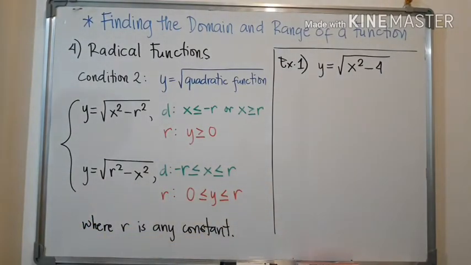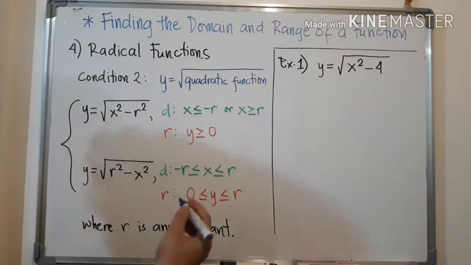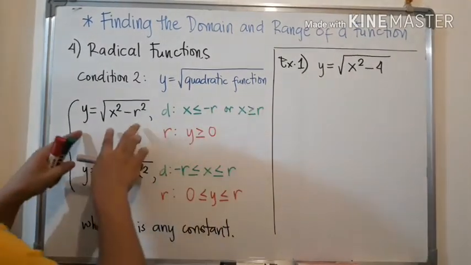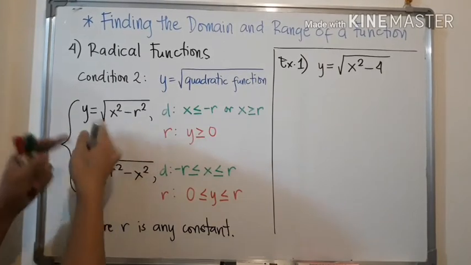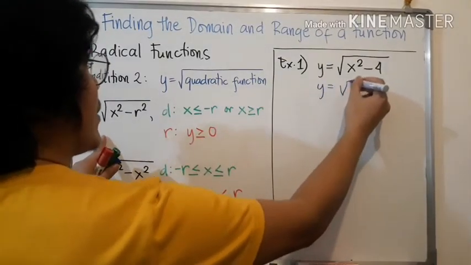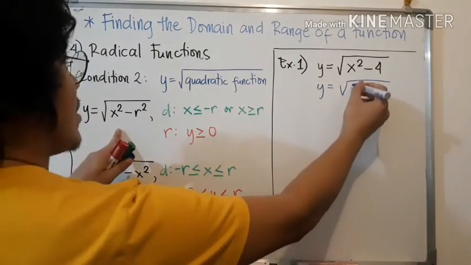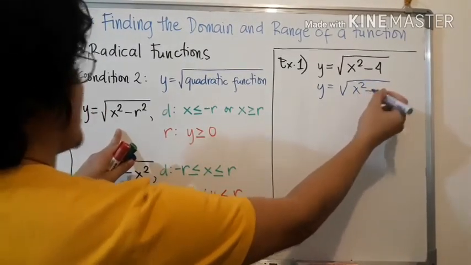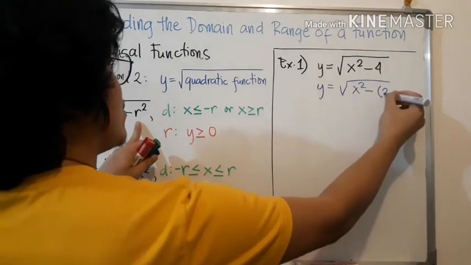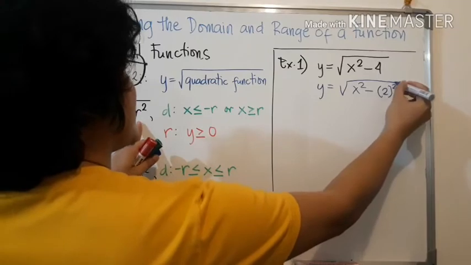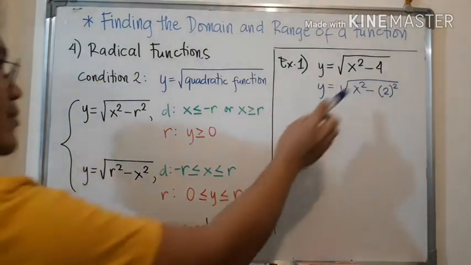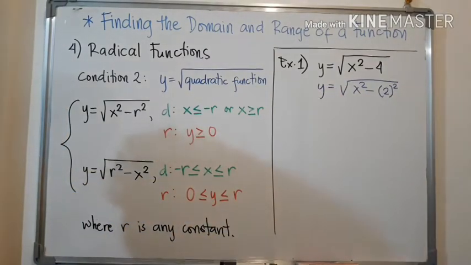First thing is, we will express this in this form. So we get y is equal to the square root of x squared minus, the square root of 4 is 2, squared. 2 raised to the power of 2, we have 4.